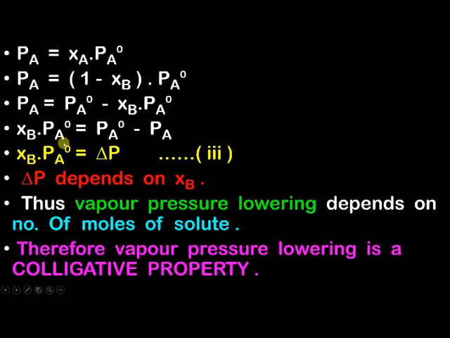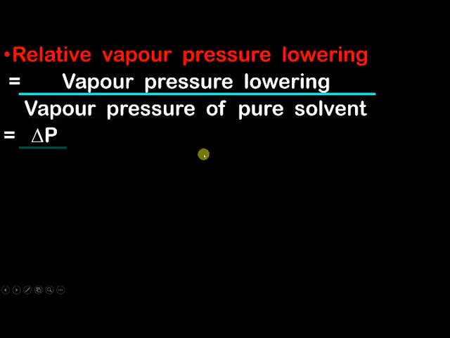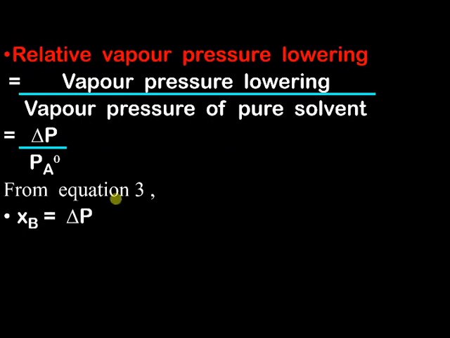So just shift this Pa naught to the right hand side. When it goes to the right hand side, can I say XB will be equal to delta P divided by Pa naught? Okay, so this is what I have written: XB is equal to delta P divided by Pa naught. Okay, now instead of this delta P upon Pa naught, can I write XB? Okay, so I will replace this by XB.